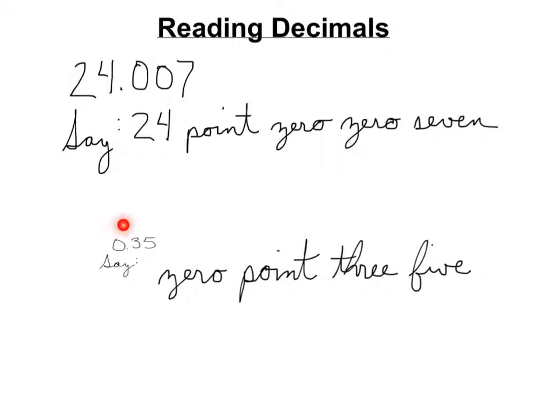Again, we say the whole number, which this time is just a placeholder for the whole numbers. There are no whole numbers in this number, but we say the placeholder 0, followed by the point, and then each decimal place. So 3, 5. Moving on in 3, 2, 1.